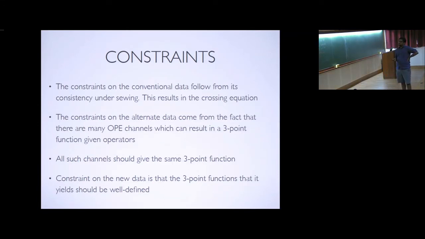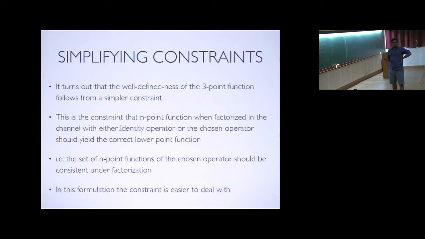So the constraint on these endpoint functions is that they should yield the right three-point function, or the three-point function that you want, in a unique way. Now, this way of expressing the constraint is difficult to deal with. But it turns out that this constraint of well-definedness of the three-point function follows from an even simpler constraint.